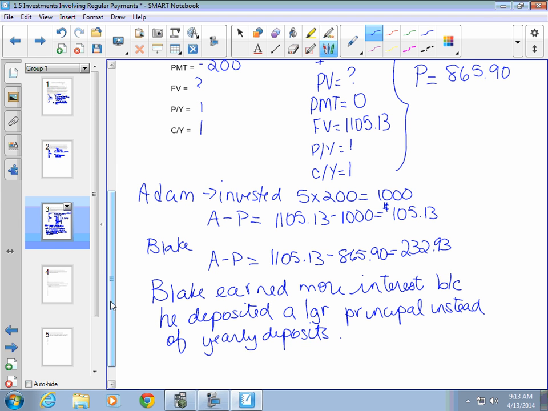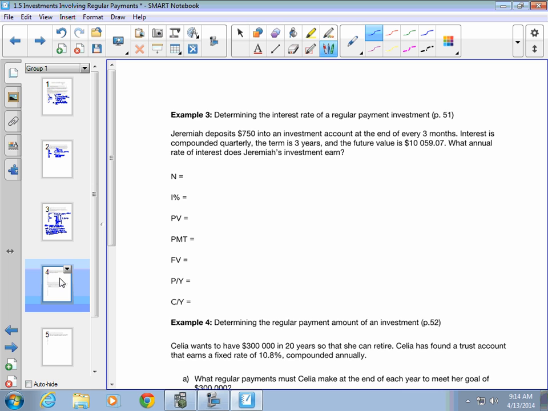Whereas the other way, if you took $1,000 but only put $200 in per year, your first year you're only earning interest on $200, your second year you're only earning interest on $210, and so on and so on. So if you do a larger lump sum, there's more money to earn interest on that's going to be compounded yearly, or whatever the compound time is.